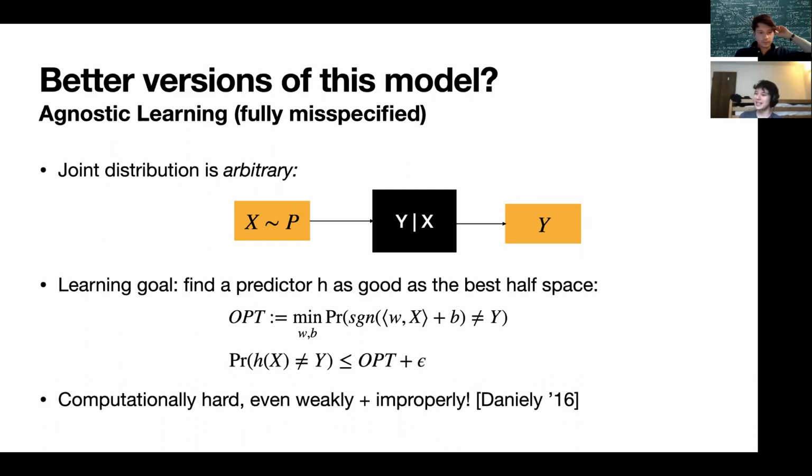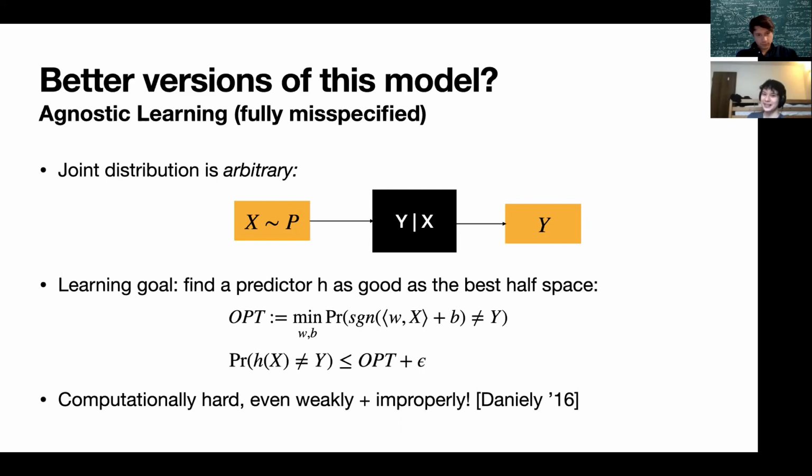And so if I'm going to have that set up, there's no sense that there is a true half space, but there is still a meaningful learning goal, which is basically, if there exists a half space which is pretty good at labeling the data, I want to be able to find a half space which is roughly as good. So that's the agnostic learning objective.